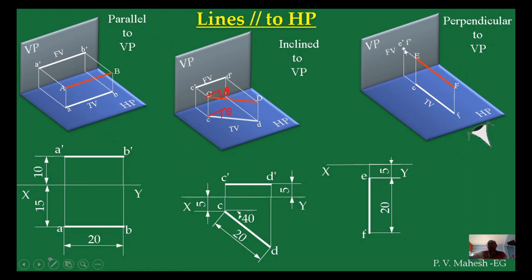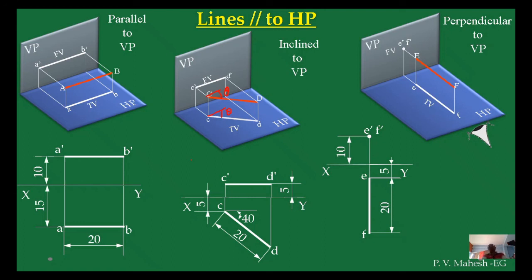Once I know this distance, I can draw the front view. So here I am taking 10 mm above XY, above HP. So this point is 10 mm above HP, and this point is E dash F dash. With this the front view is also completed.